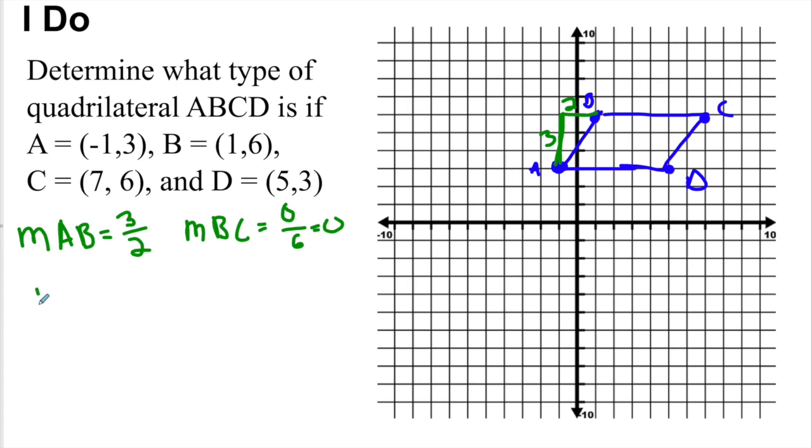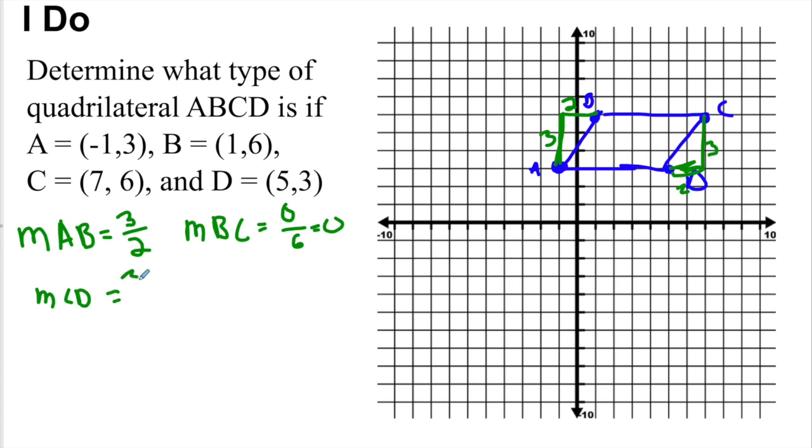The slope of CD. Now make sure you're always going left to right. So again, make your nice slope triangle. Make it a little bit nicer than I've been making it. Remember, I'm still getting the hang of how to use this stylus here. So 3 and 2.